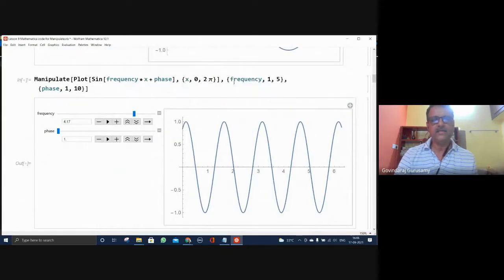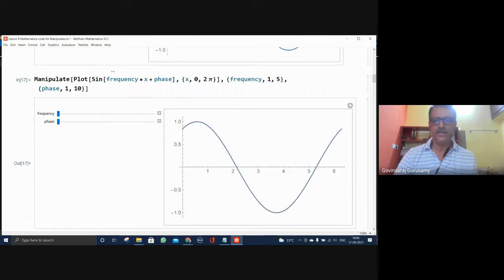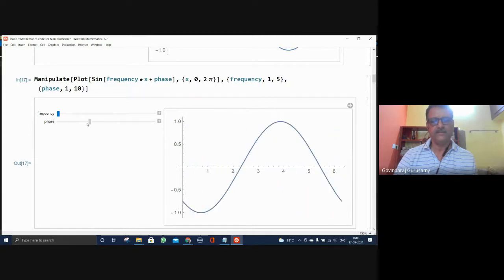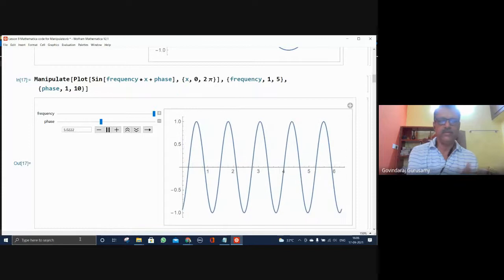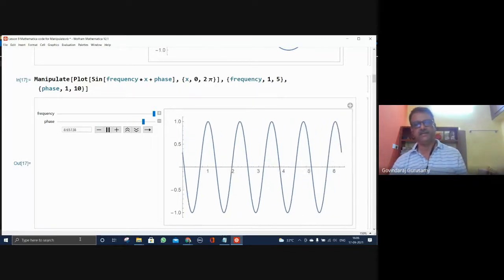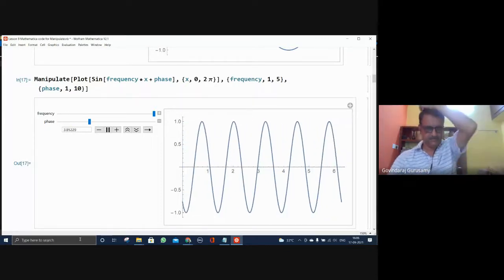Meantime, we will proceed further and see what other things can be done. As I said, you can have more than one variable. Here it is a phase. With the phase, you can animate it and see what is happening. Keep the frequency at 5 and make a phase change. The phase change can pull the whole thing towards the left because phase is changing from 1 to 10.